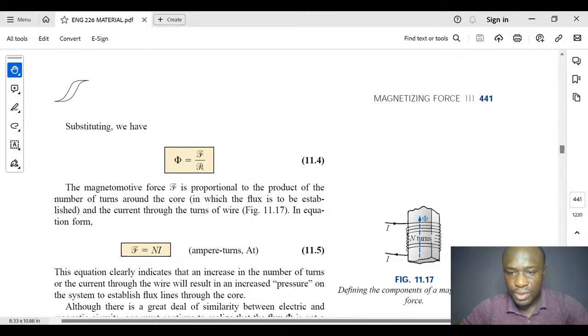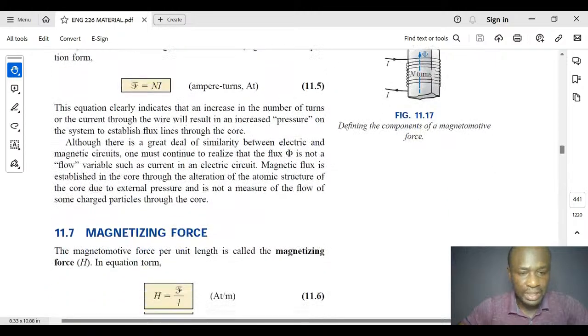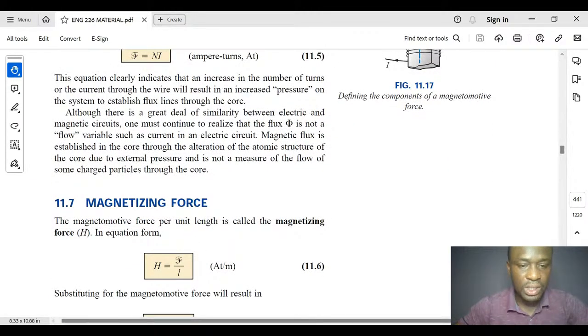So this is the formula we discussed last week. This is force, which is Ni, and magnetizing force is equal to force per length.